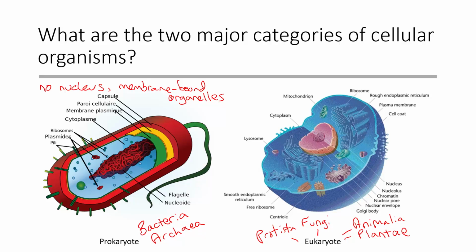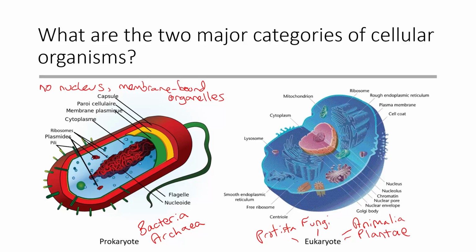So Animalia, we're talking about animals, and animals include organisms that live in the ocean. It includes insects, so multicellular, heterotroph, which means that they eat other organisms to survive. That's what we're referring to with Animalia. Plantae, we're talking about plants.